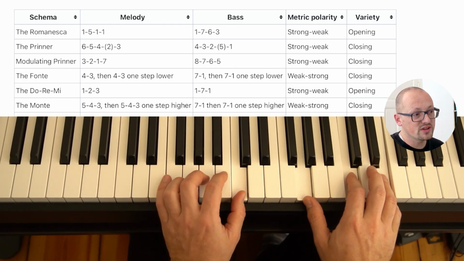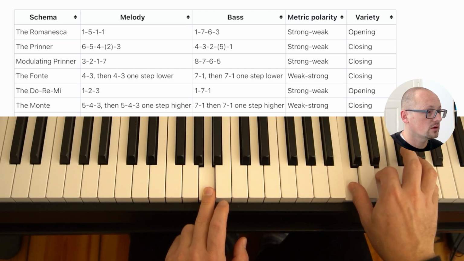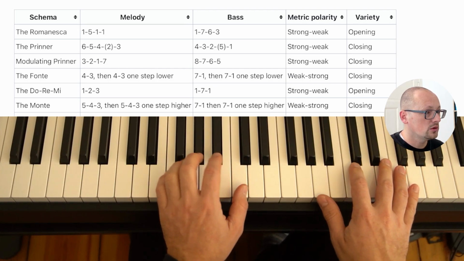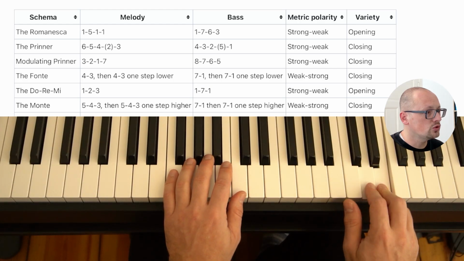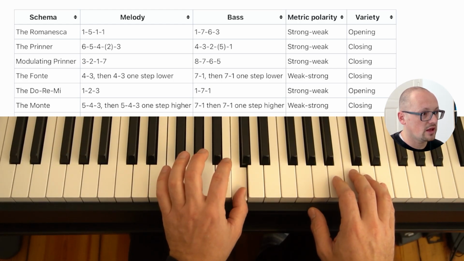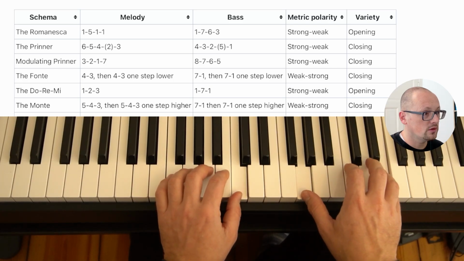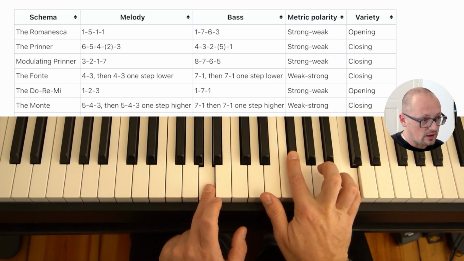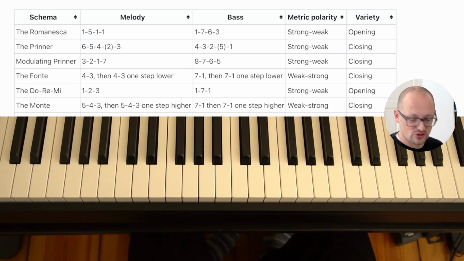This was also Prinner, but a modulating Prinner. This one, number 2. So there is in the melody 3-2-1-7, in the left hand 8-7-6-5, and if I play this F sharp, I go to G major.